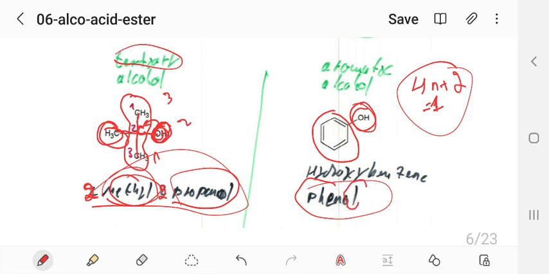So it's an alcohol and we call it phenol. So when it's a ring that has 1, 2, 3, 4, 5, 6 carbons, a benzene ring of 6 carbons, and has a hydroxy group, then it's a phenol.